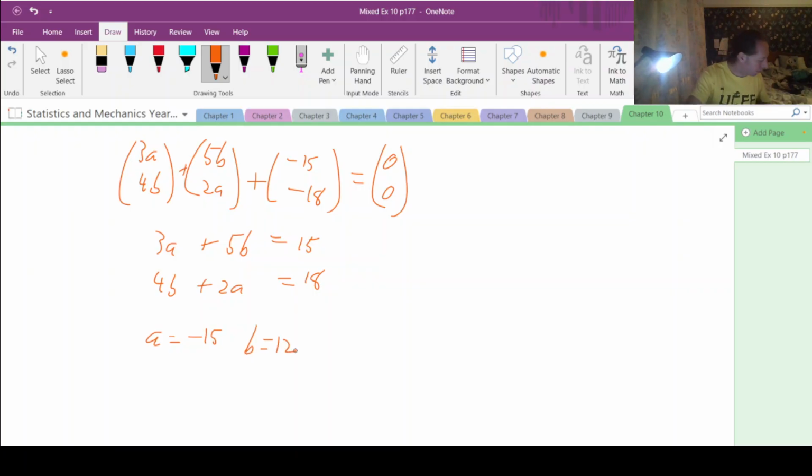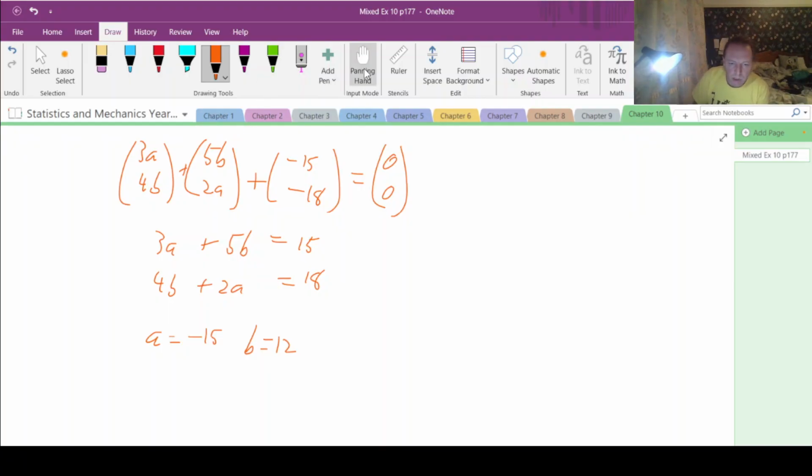Now, if the force minus 15i minus 18j is removed, work out the magnitude and direction of the resulting acceleration of the particle.